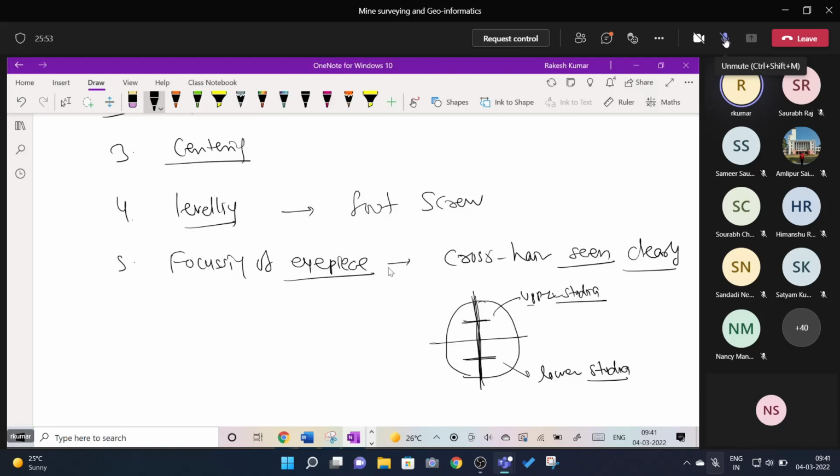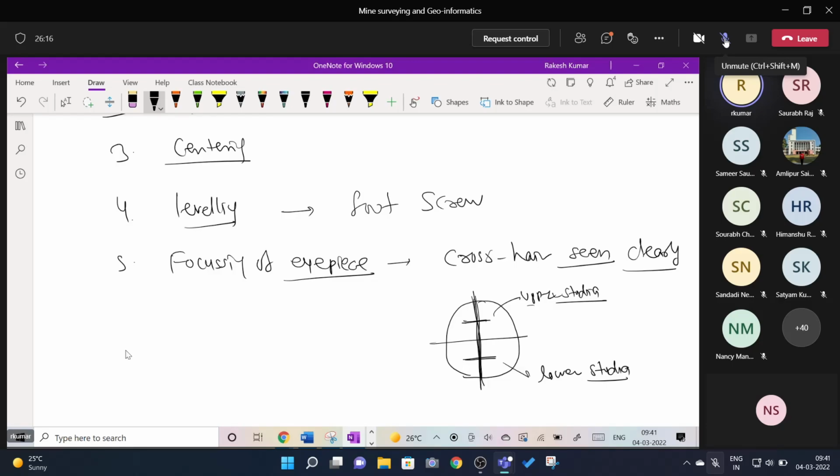When you focus the eyepiece, your crosshair will be visible. Sometimes, to see this crosshair, we put some white paper in front of the telescope so we are able to see it. There should be no obstruction there.